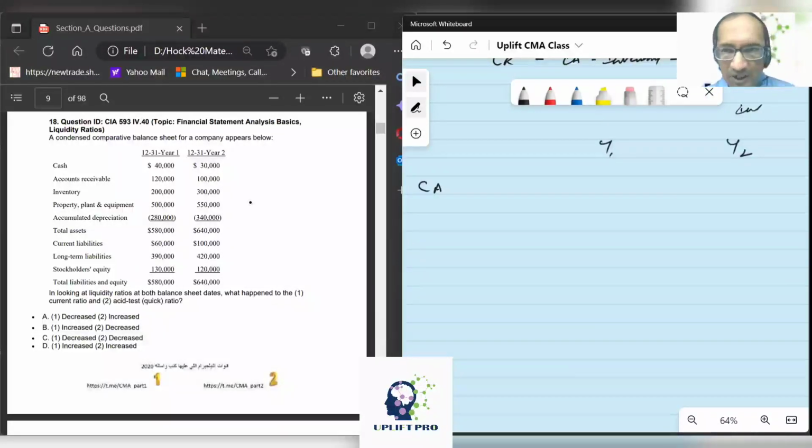Year 1 is 40,000 cash, plus accounts receivable of 120,000, plus 200 inventory. And in year 2 you have 30,000 plus accounts receivable of 100,000 plus inventory of 300,000.